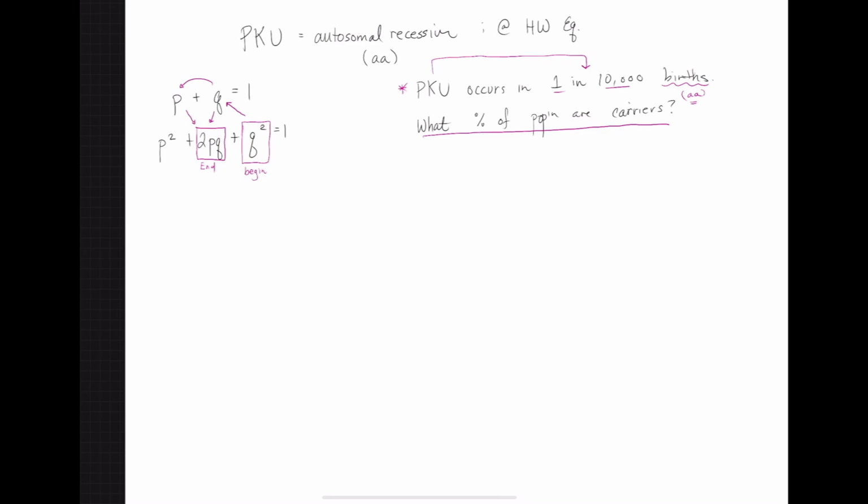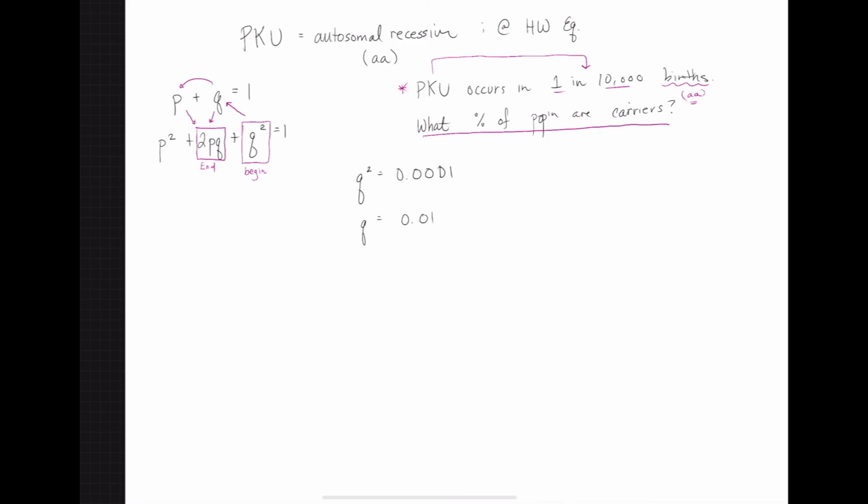So here we can say, all right, q squared is 1 in 10,000, so let's just say 0.001. Okay, actually that's not true, isn't it? 0.0001, which means that q is 0.01.